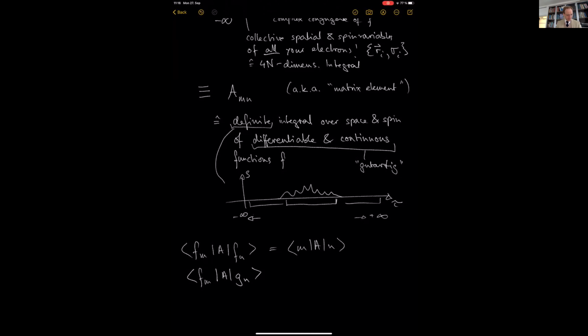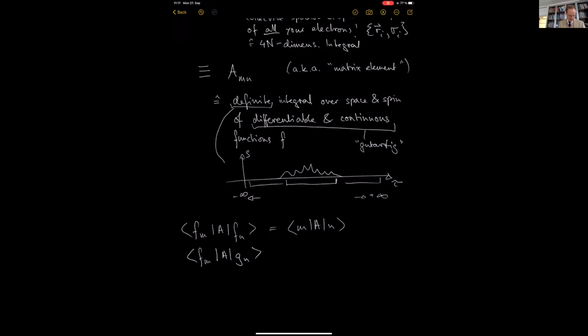Now, we should note something. If we write our integral now without the operator, just for the function, so complex conjugate on the left and on the right-hand side the real part, that is the same, of course, as saying fm, fn.